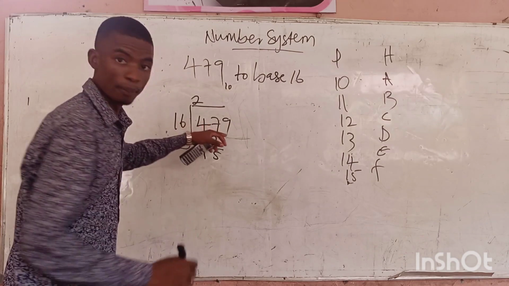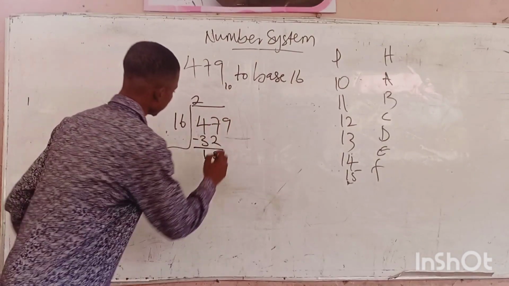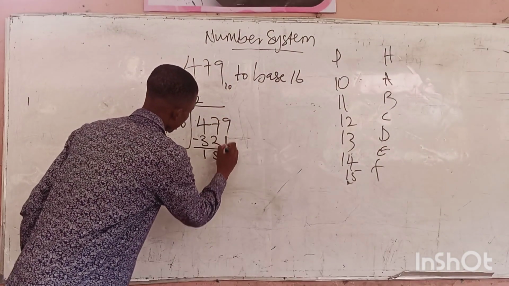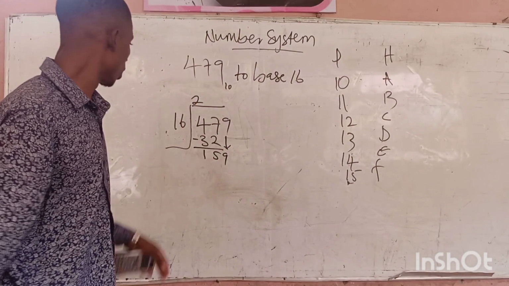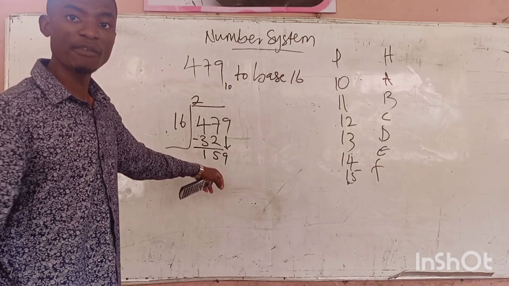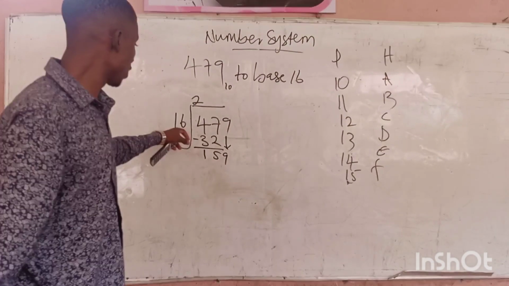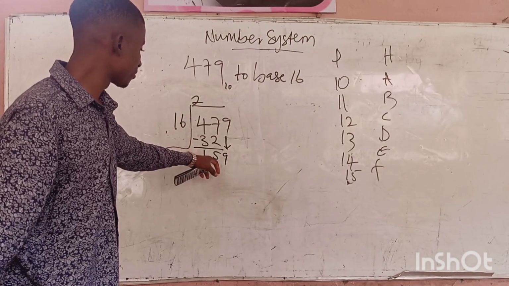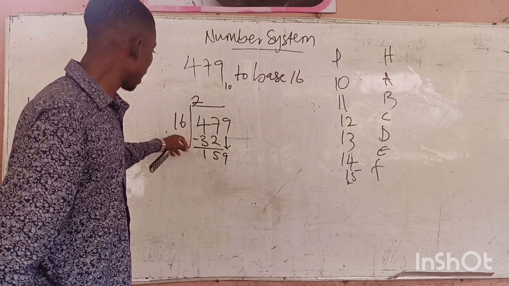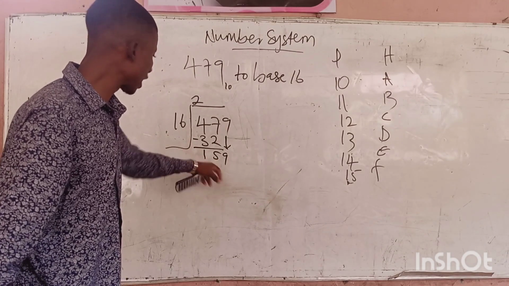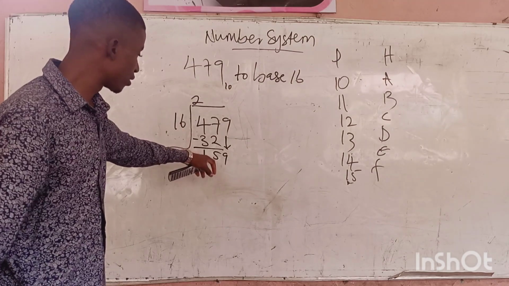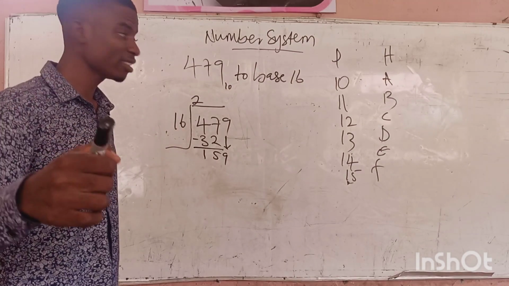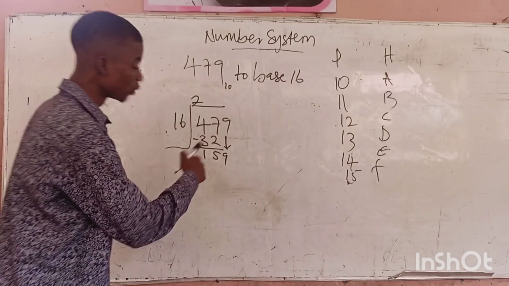And then we bring down the 9. So we now have 159. So 159 divided by 16. Of course, you know that 16 times 10 is 160. So 159 divided by 16 is supposed to give us 9, with a remainder.